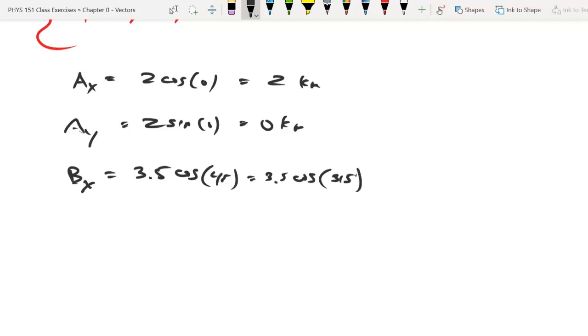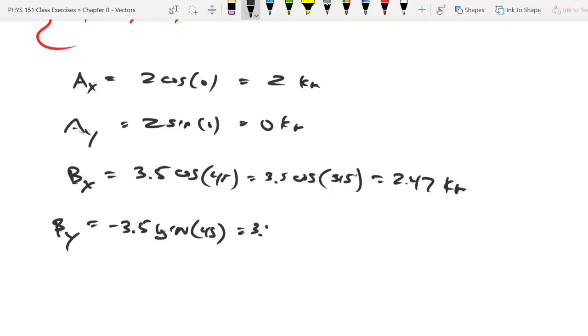Either way you do it, we will end up here with 2.47 kilometers. And BY will be, if I use reference angles, negative 3.5 sine 45. Or I can say this is 3.5 sine of 315. And just looking at it, we should end up here with the negative, right?